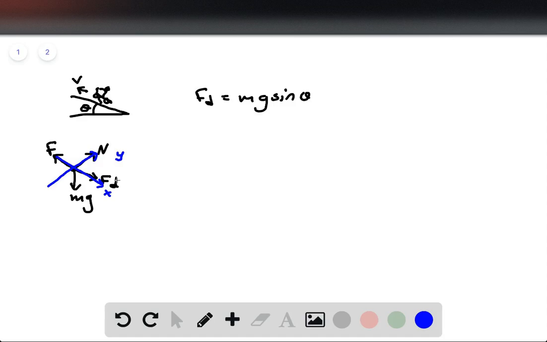We just show that this angle should be theta again. So everything's the same except we have the drag force in the opposite direction and an additional force that she's exerting, bringing her up the hill.